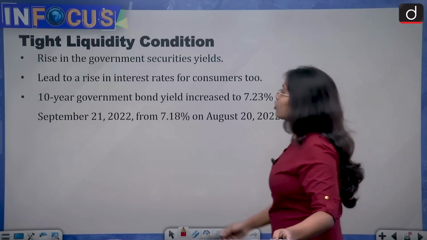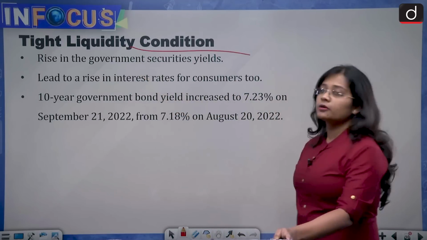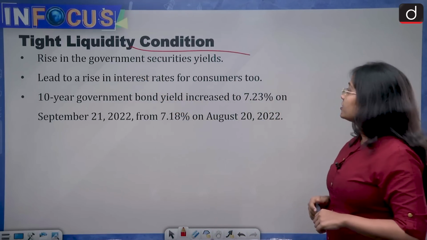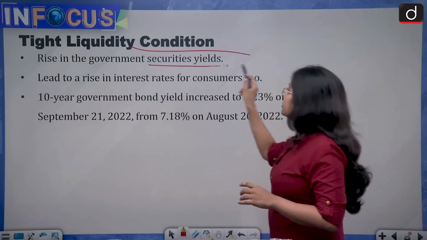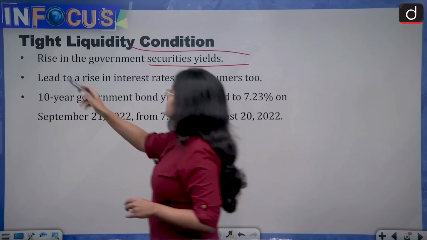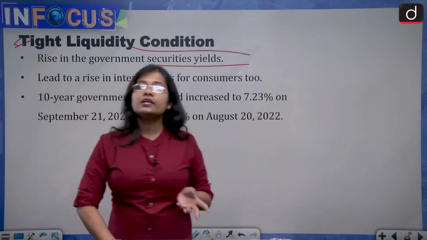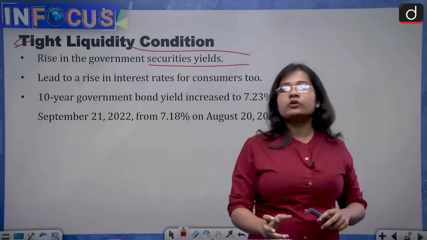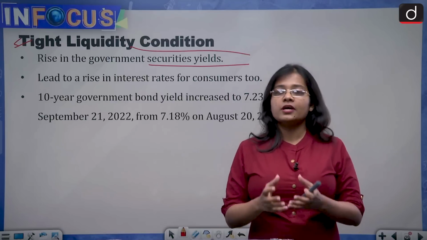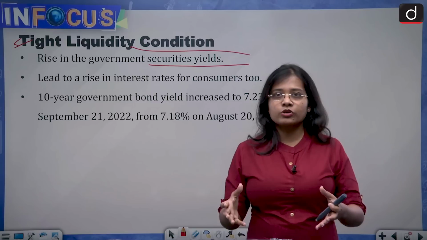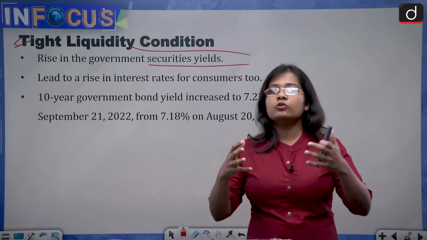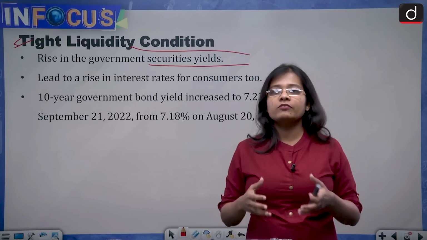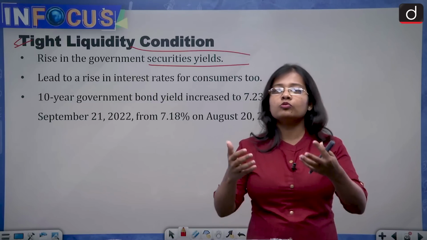Now let us understand what tight liquidity condition means, and the rise in the government security yields. Tight liquidity condition means that there is very little amount present with the banks, and they are not able to lend further because they do not have surplus amount to lend.